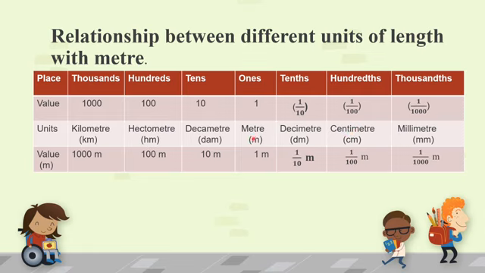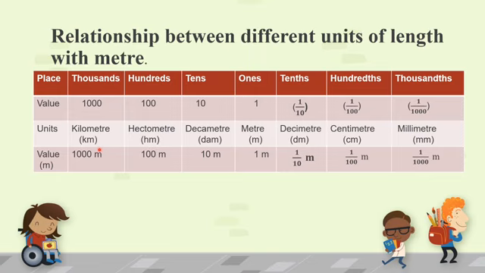So meter being our base unit, the standard unit, then to the left side we will go. Here we have decimeter, centimeter, millimeter, and here we have decameter, hectometer, and kilometer, and below that we have the short form.